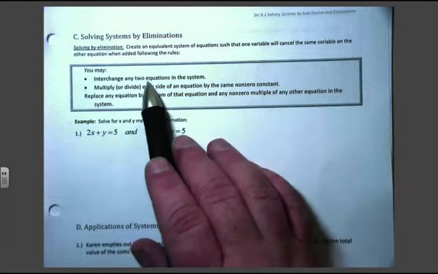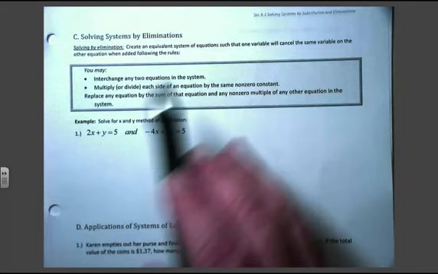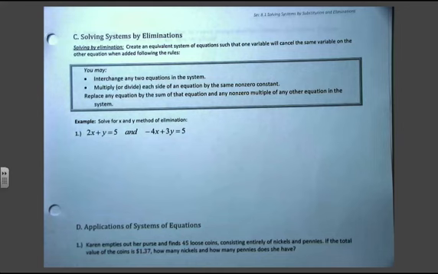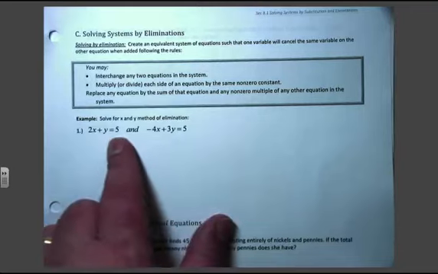You can interchange two equations in the system. You can put one equation on top, one equation on bottom, or vice versa, it doesn't matter. The other one is you can multiply and divide each equation by any non-zero constant. What I do to one equation, you can do something different to the other equation. But the key to it is what I do to one side, I do to the other.